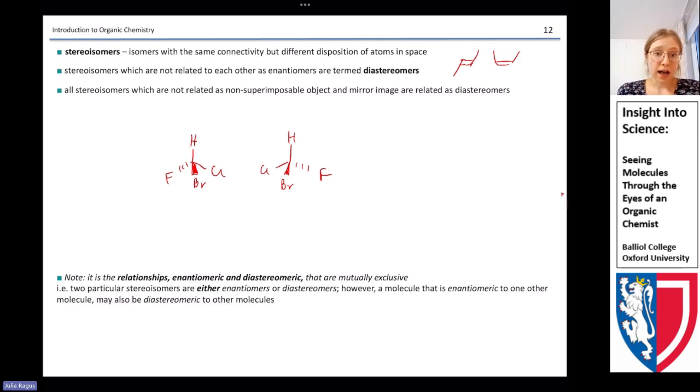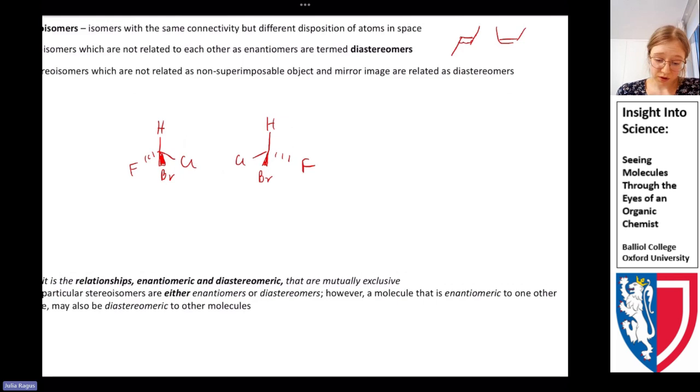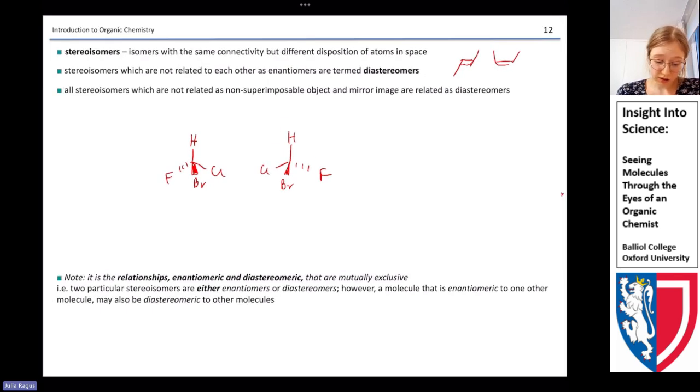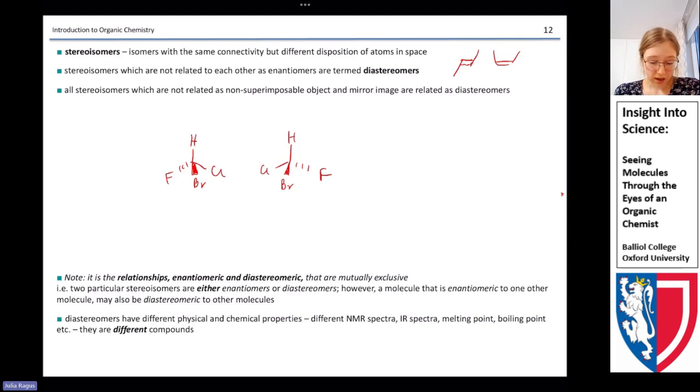Now, obviously, alkenes are not able to be enantiomers, but if we have, for example, two stereogenic centers in your molecule, then you can see where the diastereomers versus enantiomers are coming from. Another thing to mention is that diastereomers have different physical and chemical properties as opposed to enantiomers, which can only be distinguished in an achiral environment. Diastereomers, if you put them in a beaker, put some water, you can easily distinguish them. So bear in mind that diastereomers are different compounds.